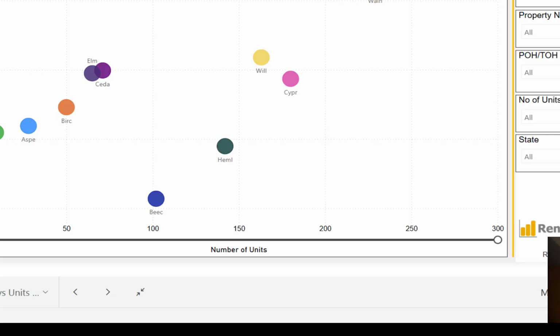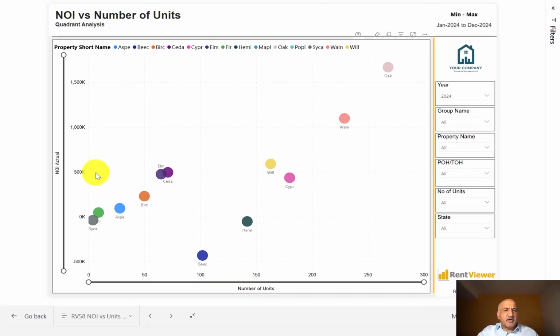So these are my bigger communities on this side. Ideally, on this chart, I want all the dots to be in the upper part, showing high NOI. Now, looking over here, I do see a couple of problem areas: some of my larger properties, 100 units and about 140 units here, that have a negative NOI. So I'm going to pay attention to this.